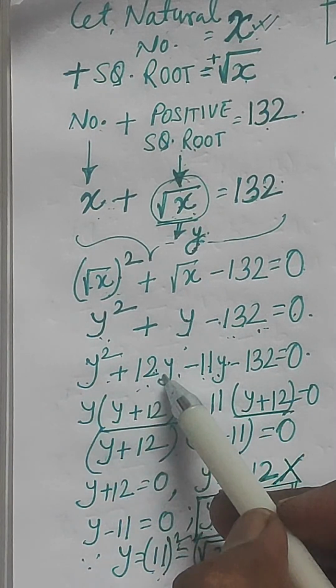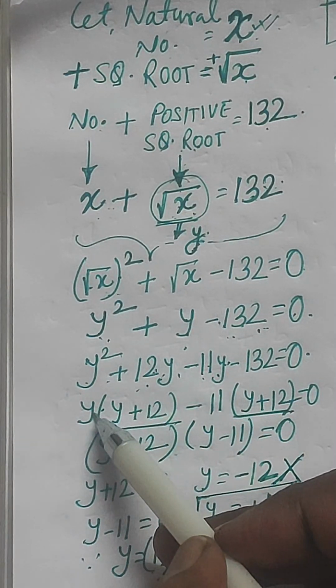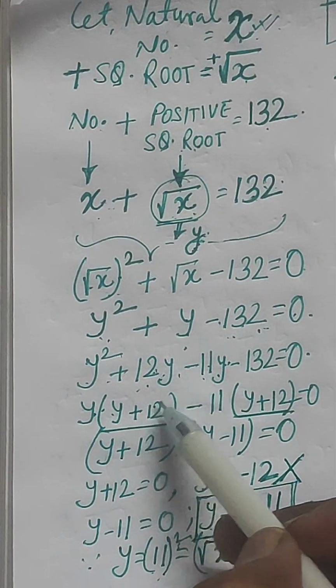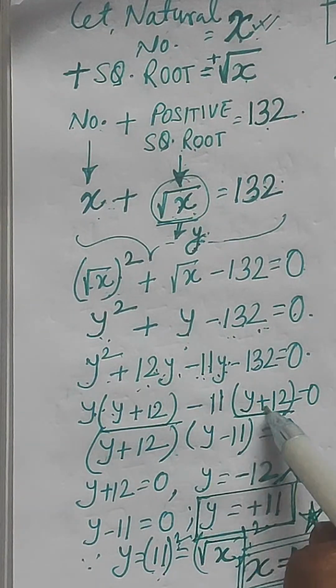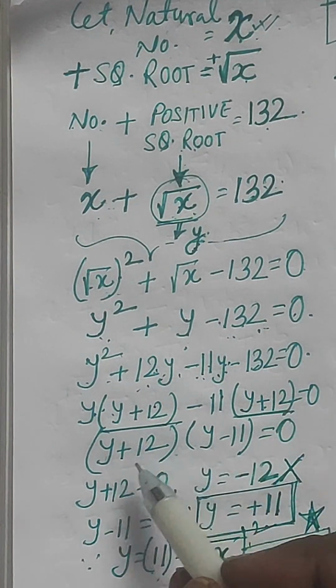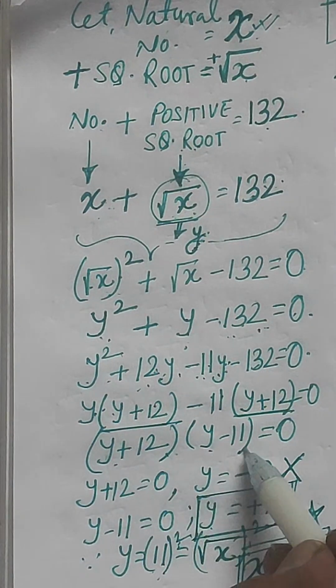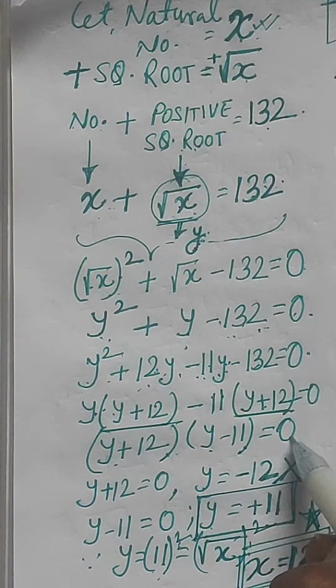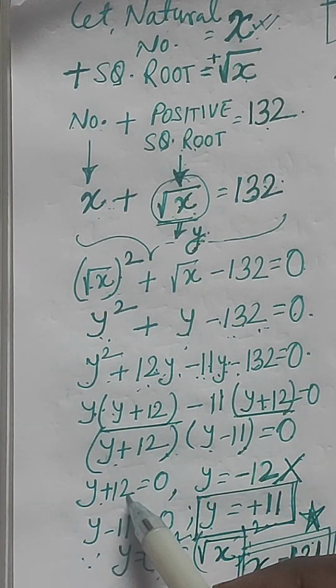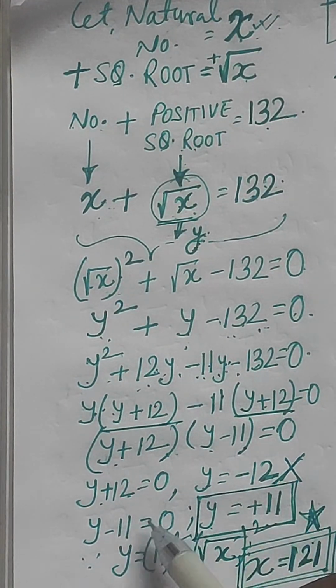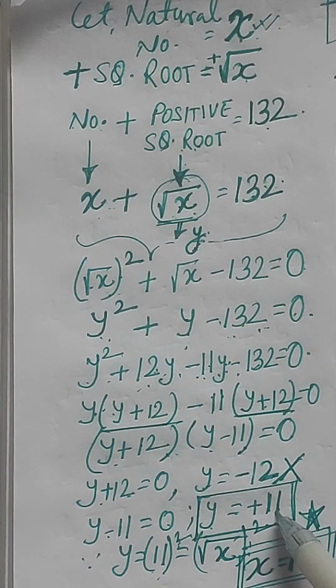From the first two terms, taking y common, we have y plus 12. From the last two terms, taking minus 11 common, we have y plus 12. That means y plus 12 and y minus 11 are the two factors of the quadratic equation, which gives the value of y as minus 12 and y as 11.